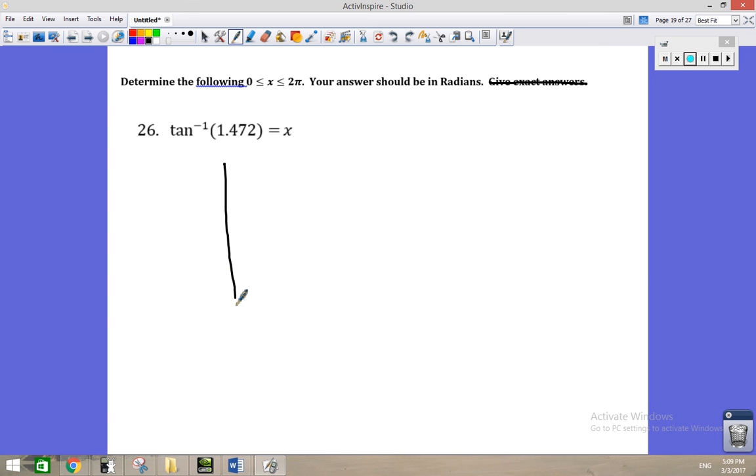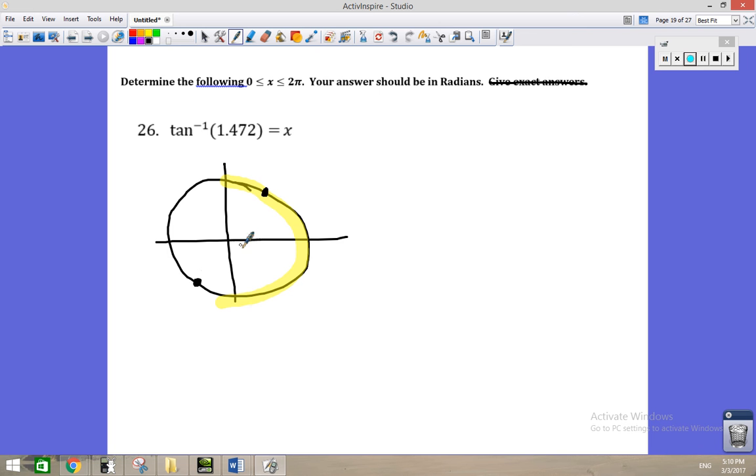There's only two that are between 0 and 2 pi. For inverse tangent, if it were a function, we would just focus our attention on the right half of the unit circle. But it's not. It's a relation. There's going to be a point in the first quadrant where the ratio of y divided by x is 1.472, and then over here in quadrant 3, that same ratio, with the numerator and denominator being negative, is going to exist.